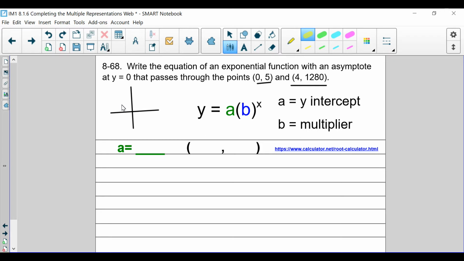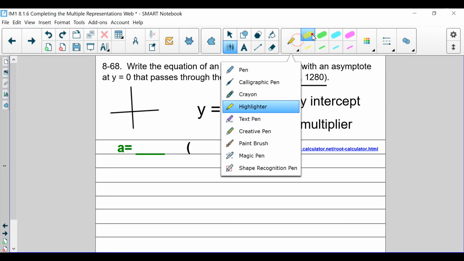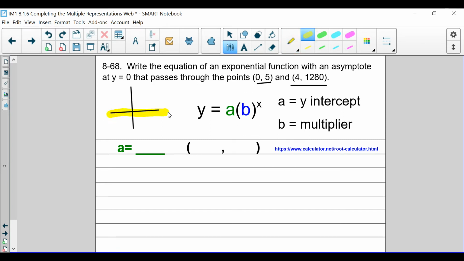So our asymptote, I'm going to do this in a highlighter color. If we have an asymptote of y equals 0, then we know that no matter what, the curve is never going to cross it.